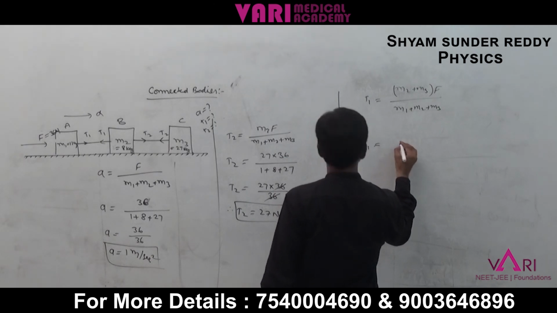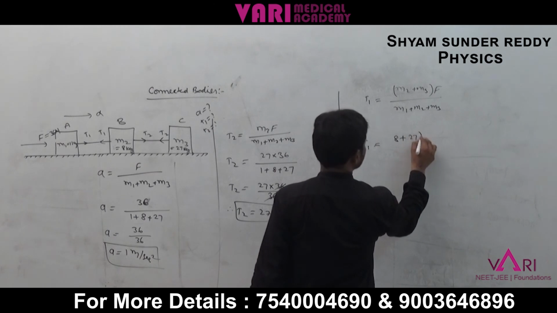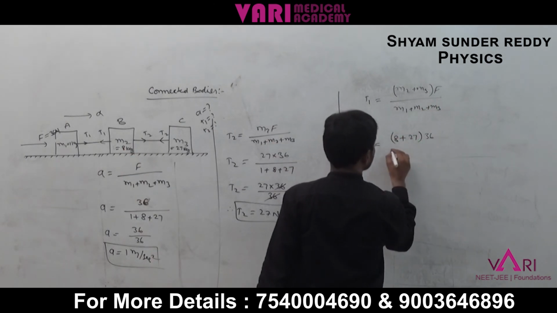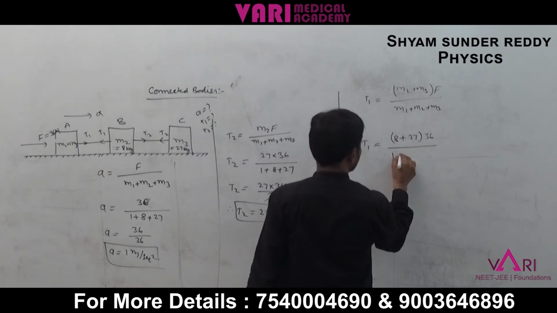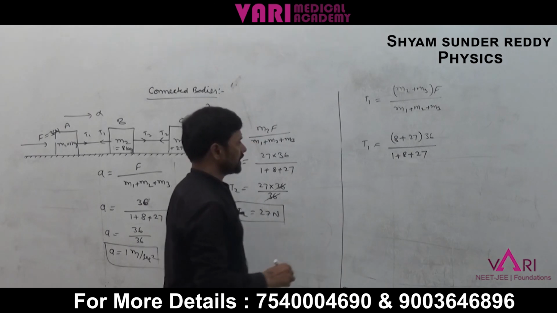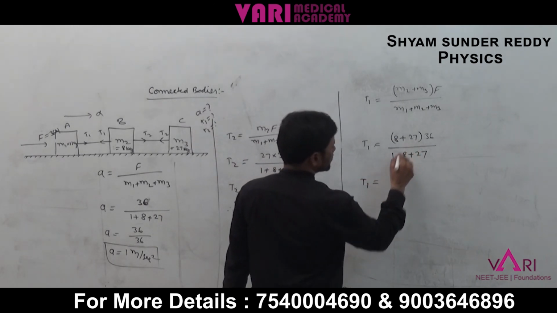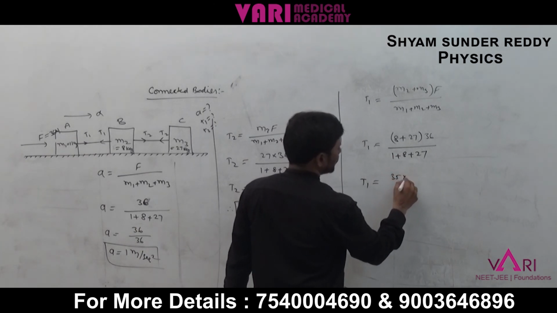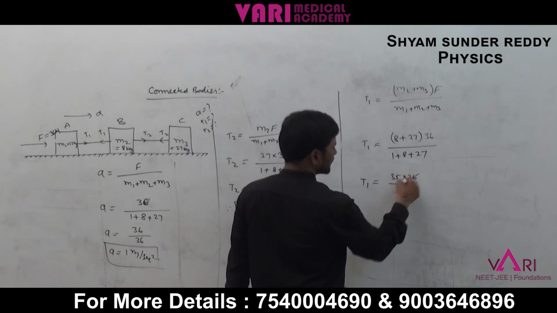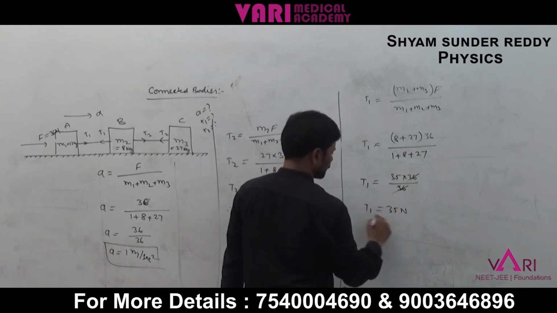M2 is 8 kgs, M3 is 27 kgs, into F is 36 newtons divided by 1 plus 8 plus 27. T1 is equal to 35 into 36 by 36. 36 gets cancelled. Then T1 is equal to 35 newtons.